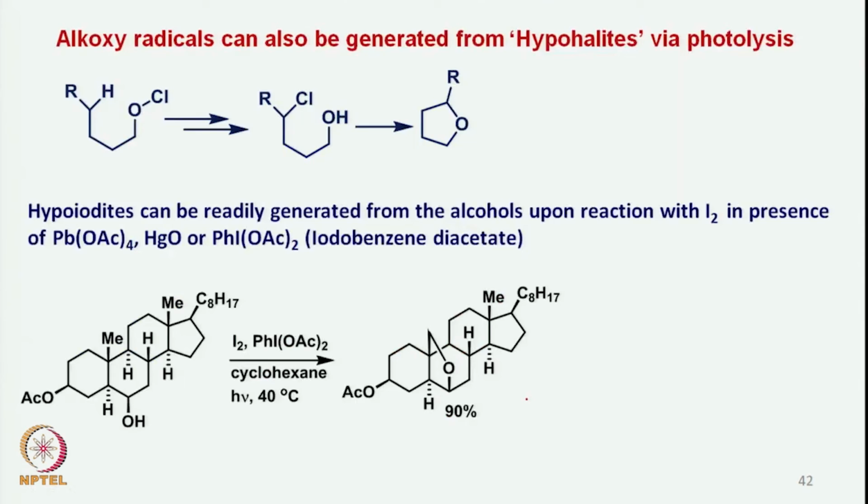Now the alkoxy radicals can also be generated from hypohalites. So if we take the hypohalite here and do the photolysis, then we can generate the corresponding radical.